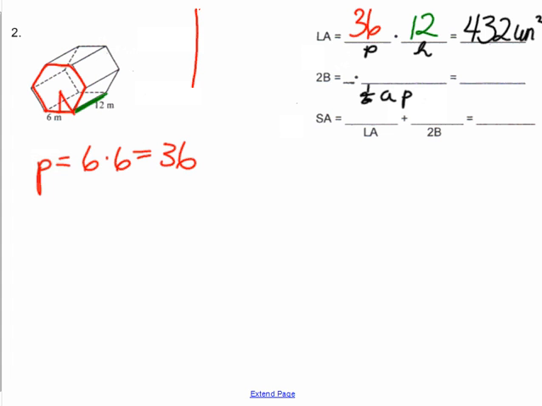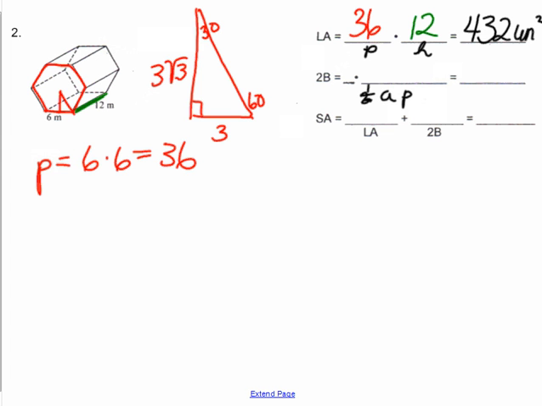I'm going to take this right out of there because that's too small for me to write in. When we have a hexagon, we know that we create a right triangle here that is a 30, 60, 90. And this is 30, and this is 60. So it's a 30, 60, 90. We use a special right triangle, so we know that the apothem is 3 radical 3.